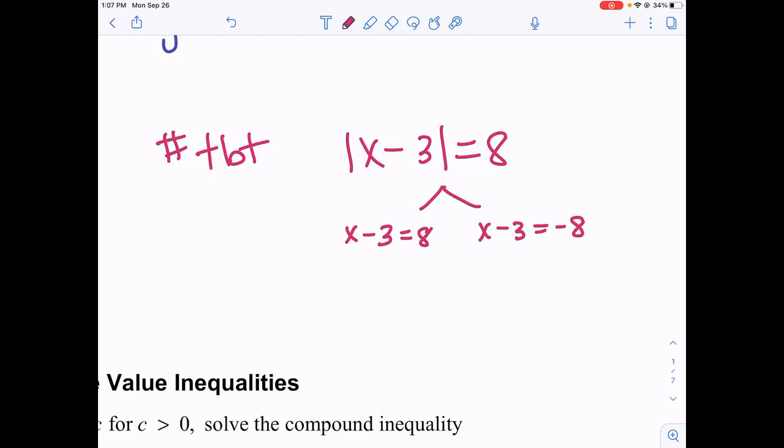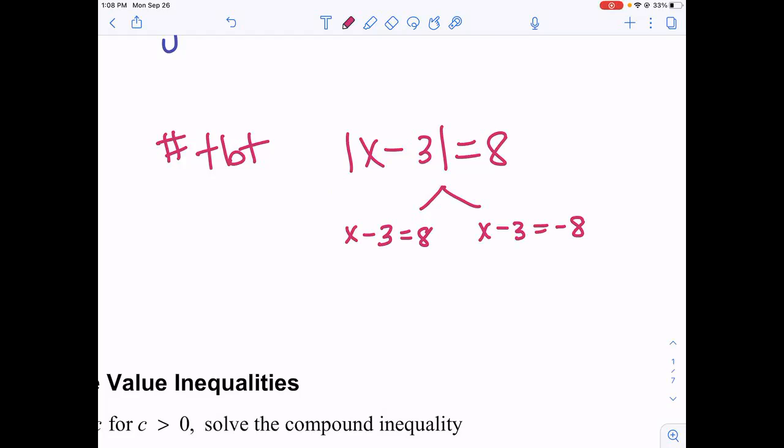In this case, x minus 3 equals a positive 8, x minus 3 equals a negative 8, because the absolute value of 8 and the absolute value of negative 8 both equal 8. So we split it up into 2 equations.